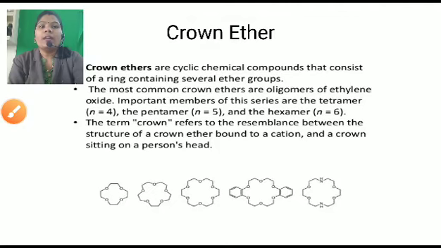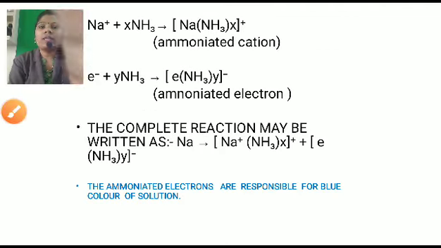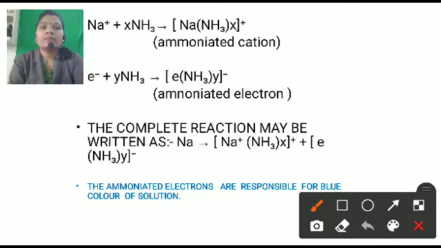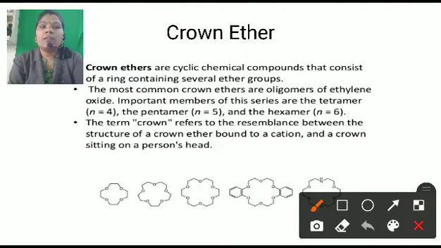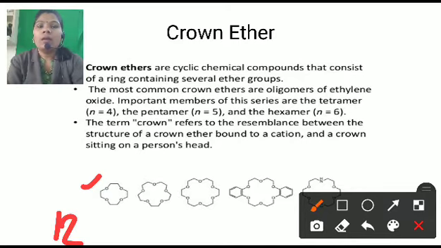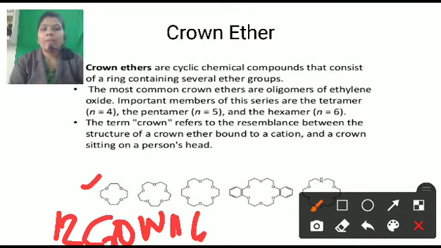In the first case, what is the name of this first crown ether? It is 12-crown-4. This is the name of the first crown ether.